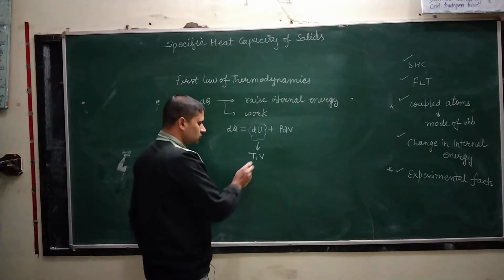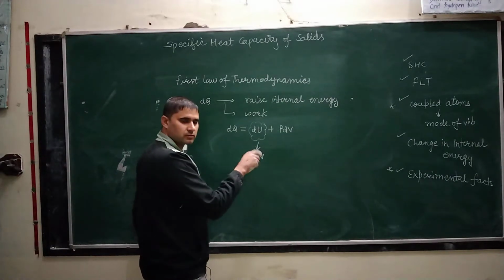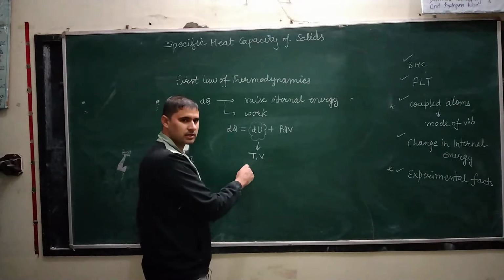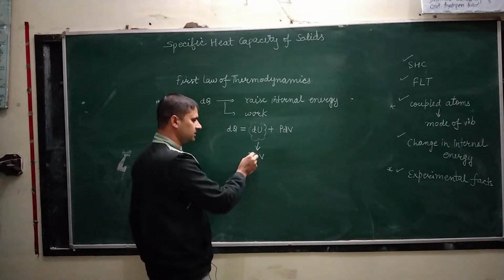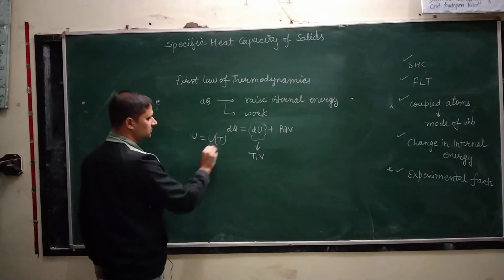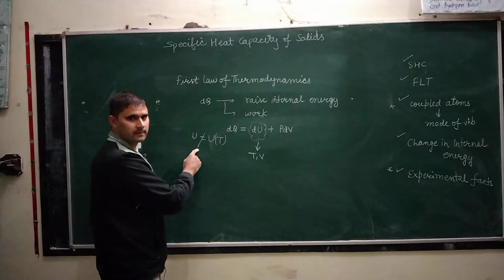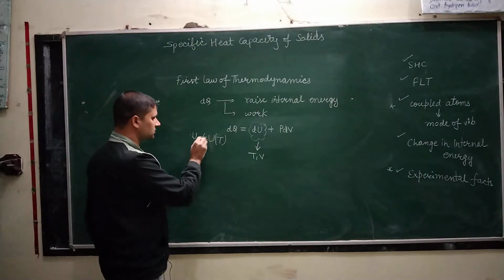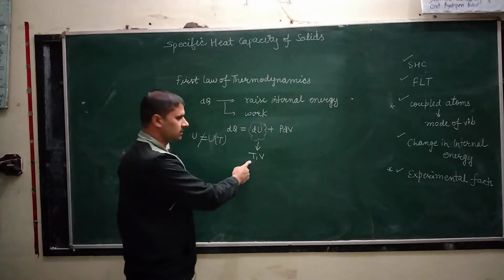Okay class. So here you need to come out of the nest which you have created in 12th standard, that internal energy is purely a function of temperature. This is not the right thing. Internal energy is also a function of the volume. So I am writing it here.